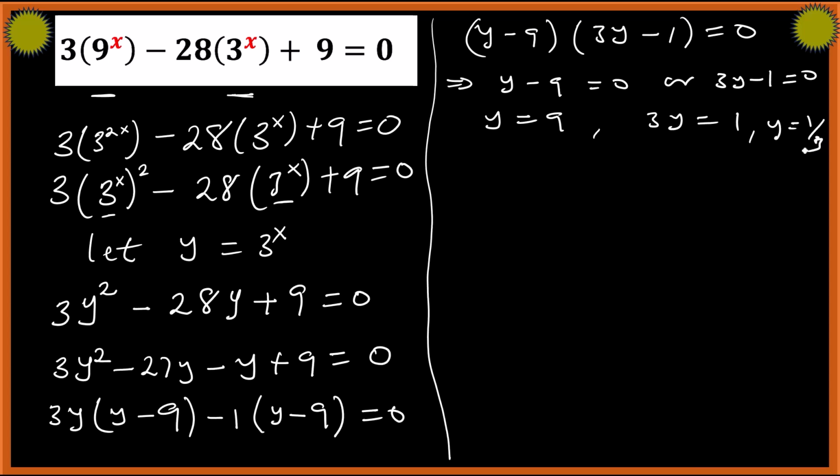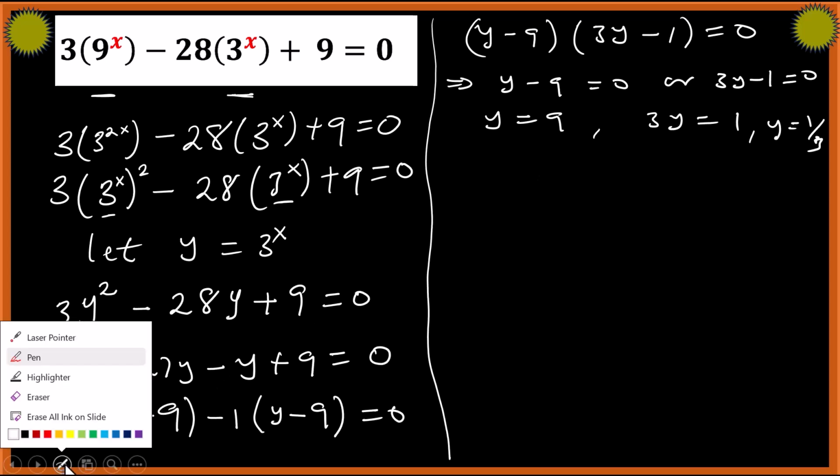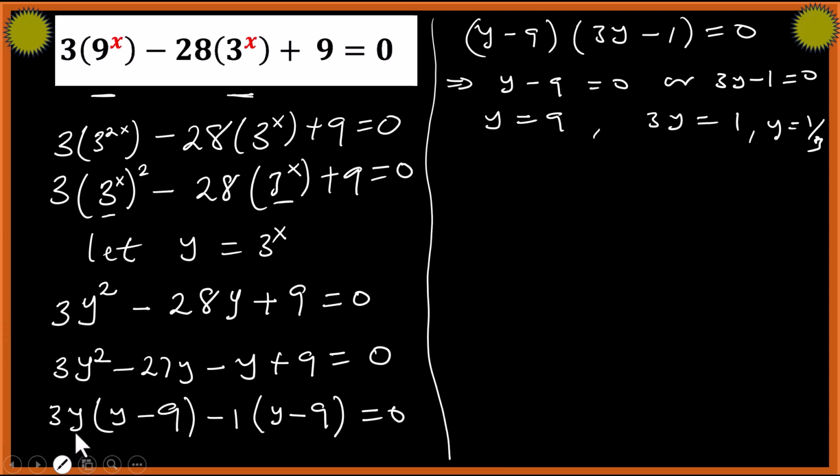Okay, so we have y equals 9, y equals 1 on 3. But remember, we are after x, we are not after y. So let's bring our attention here. So the first answer for y is 9.